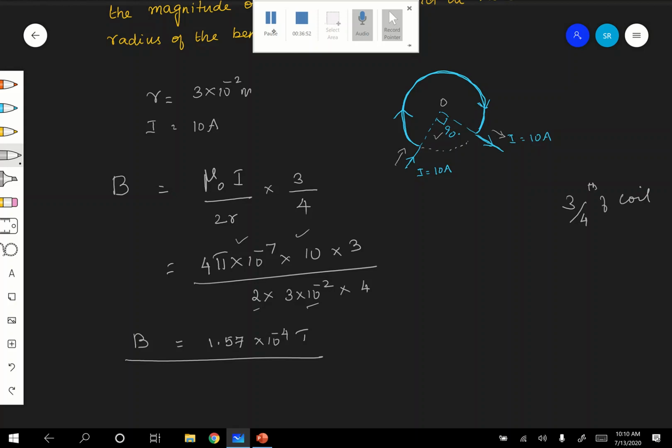Okay. Therefore, direction of B is perpendicular to the plane of the coil. Coil here is on the board, and inwards or downwards.